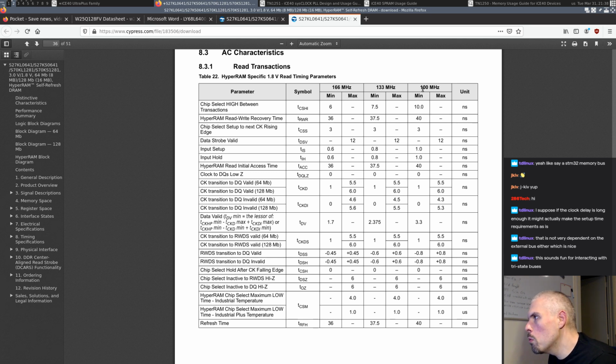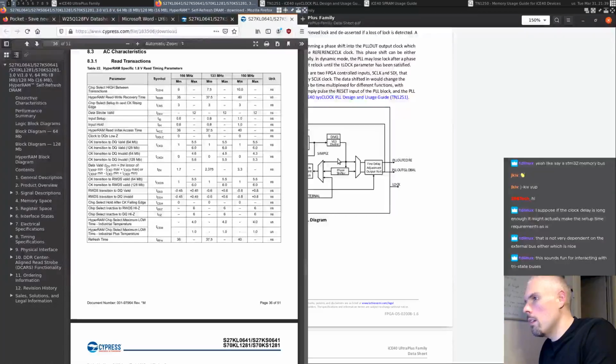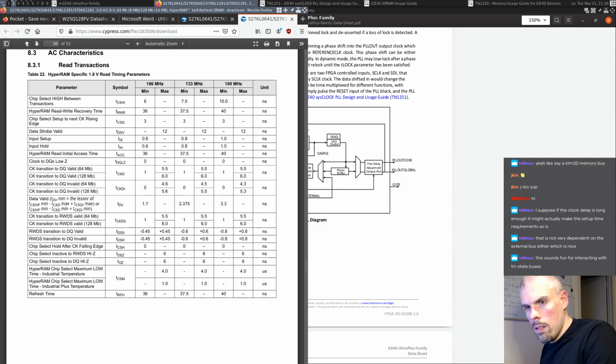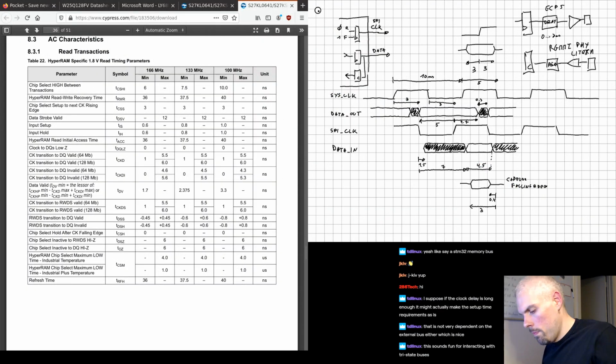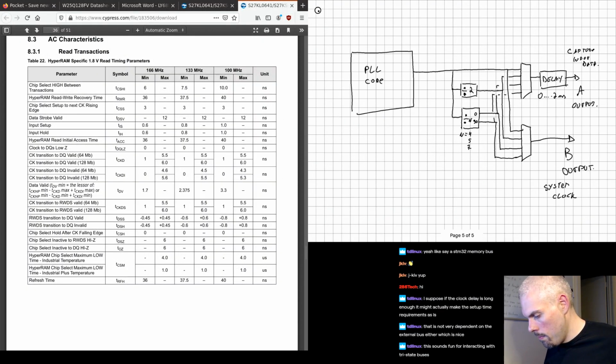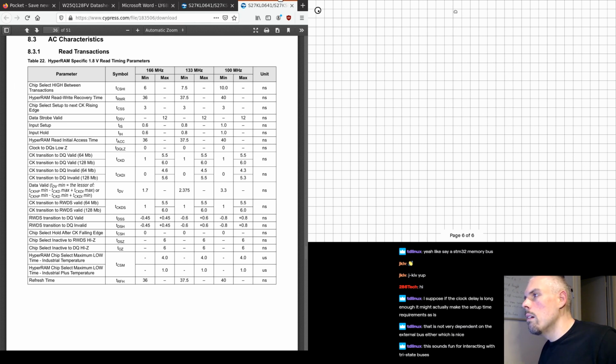So let's imagine that we're trying to run it at 100 megahertz. So these are all our IO timing for the chip. And let's look at, compared to the clock, when is the data valid? So that's our clock.